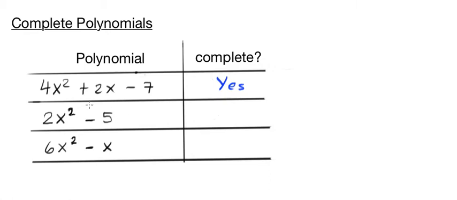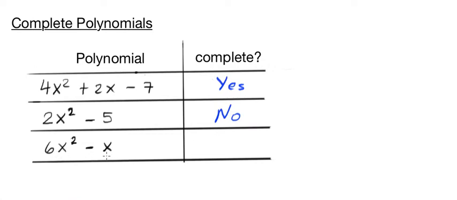However, when you look at this polynomial 2x squared minus 5, this polynomial is not complete. It has the quadratic term, does not have the linear term, it has the constant, right? So this is not complete.